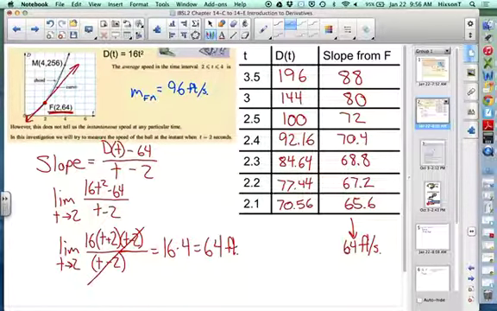Feet per second. Okay? Now, what we're developing here actually is the definition of derivative. Okay? And this is not exactly it, but this is the concept behind it that I want you guys to see.